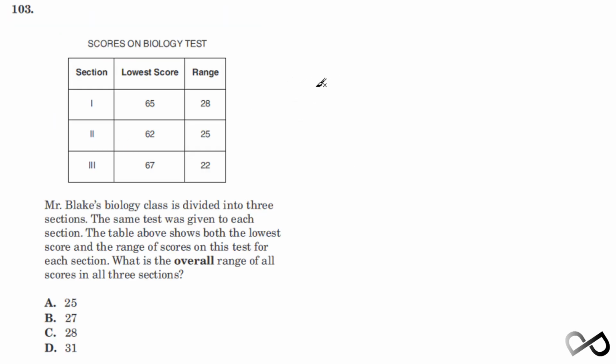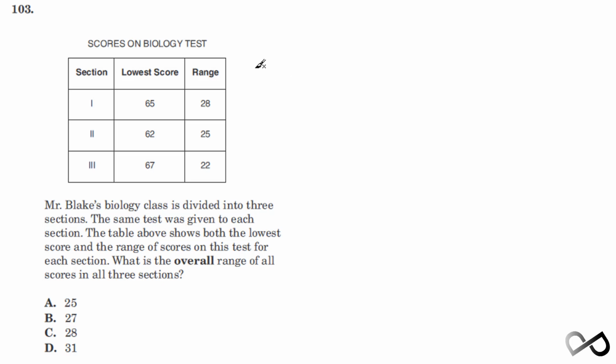Number 103. Mr. Blake's biology class is divided into 3 sections. The same test was given to each section. The table above shows both the lowest score and the range of scores on this test for each section. What is the overall range of all scores in all 3 sections?